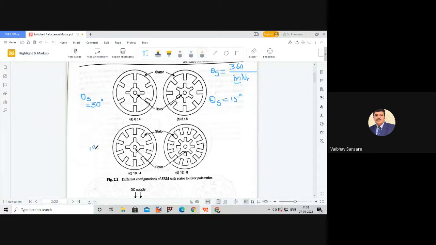So for the third configuration, theta s is 18 degrees. For the fourth configuration, 12 by 8, the number of stator phases is 6, 6 times 8 is 48, and 360 divided by 48 is 7.5 degrees. So the step angle of the SRM depends upon the configuration, that is, how many stator poles and how many rotor teeth are present.